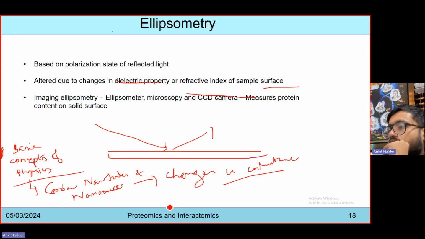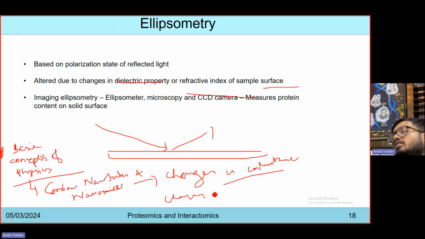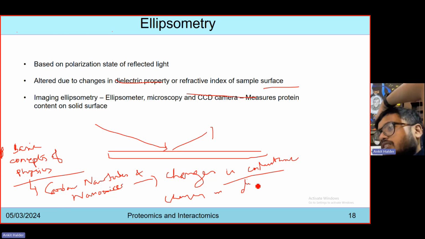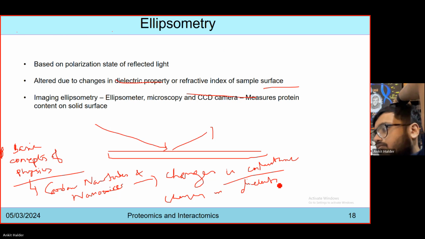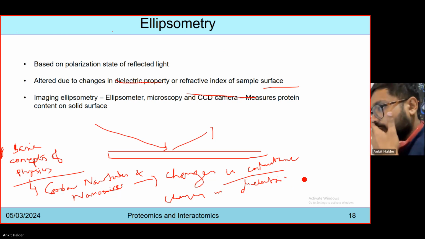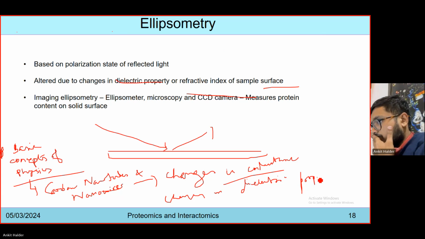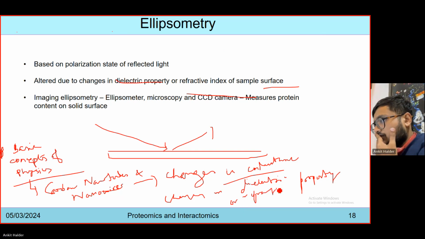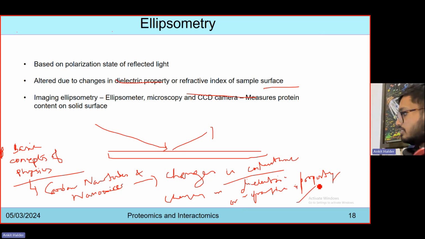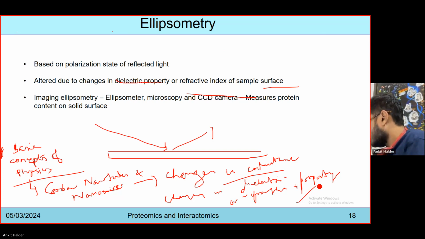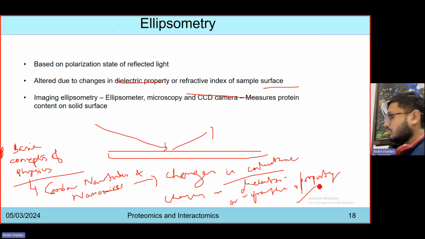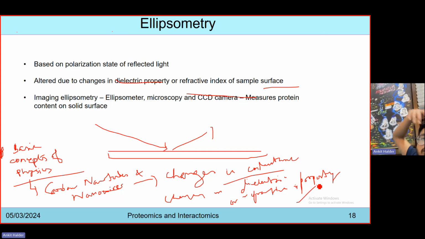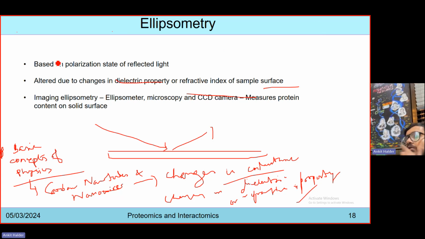But in ellipsometry, you are measuring changes in the dielectric property or the refractive index.